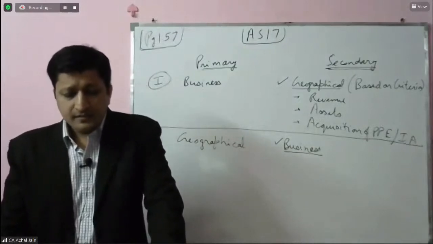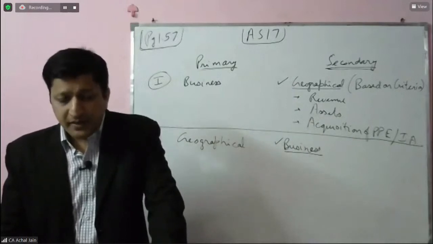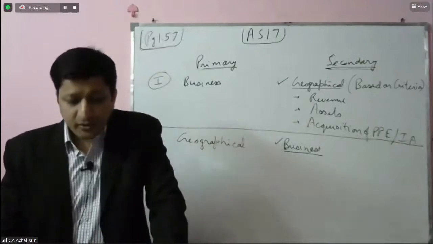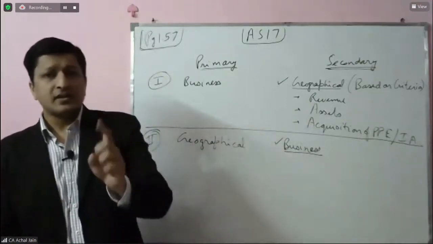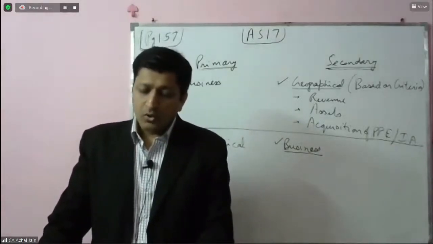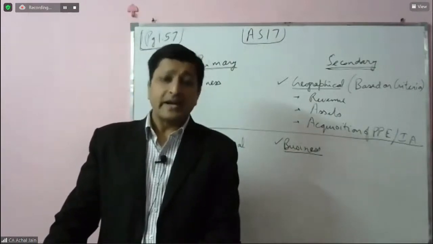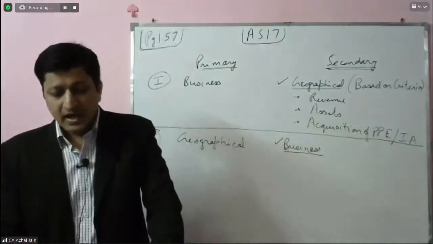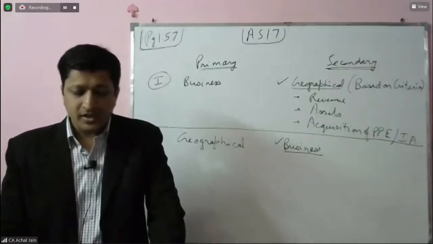It says, report the following segment information for each business segment whose revenue from sales to external customers is 10% or more of the revenue of the enterprise, or whose segment assets are 10% or more of the total assets of all the segments.